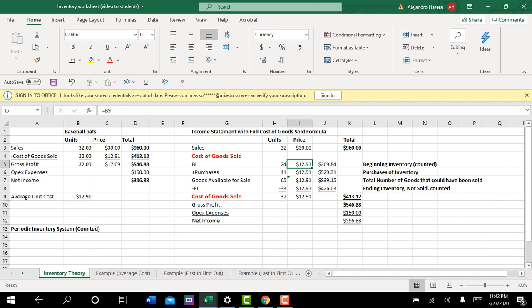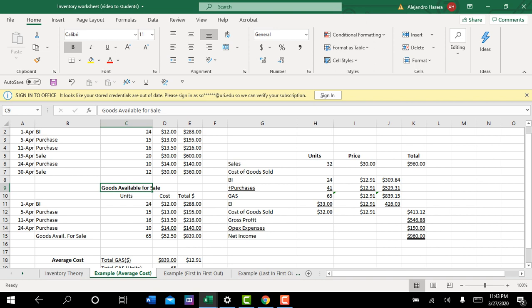This table is the same calculation, but it's been broken down a little bit. On an inventory record level, not a financial statement record level, here's your goods available for sale. It's going to be the same thing as before: beginning inventory plus all your purchases.